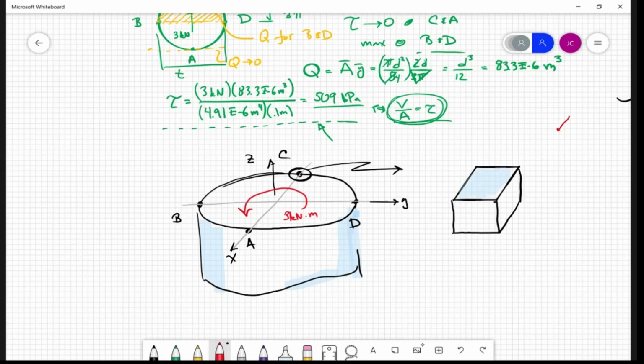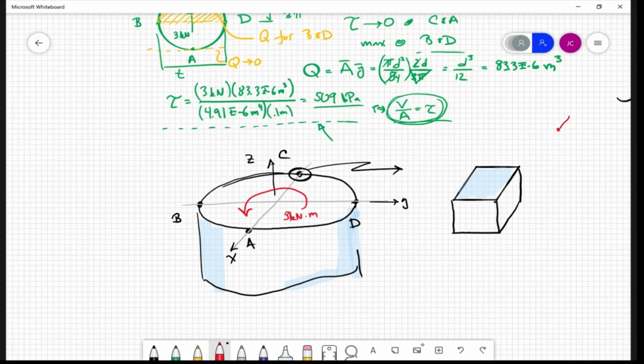Which way is it going to go? X, Y, probably not the Z, because that would be a normal stress, right? It's either going to be the positive X, the negative X, or the positive Y, or the negative Y. Which way is it going to go? Negative Y. That's right. It's going to act in the negative Y.